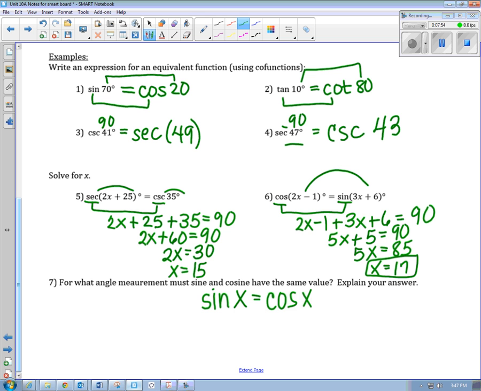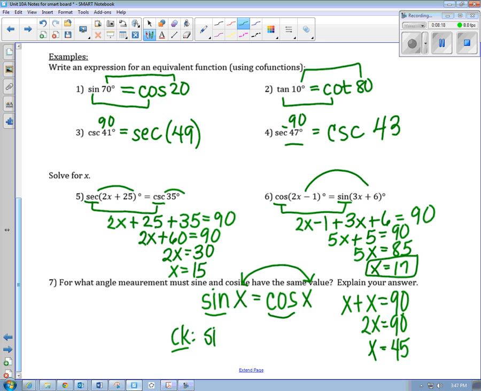In this particular case, if we use our concept of cofunctions, these are cofunctions, which means that if they're truly equal, their angles must add to 90. So 2x equals 90, and the x value here would be 45. If you wanted to go back and check that, you could type in on your calculator the sine of 45 and the cosine of 45, and you will find out that they are indeed equal.